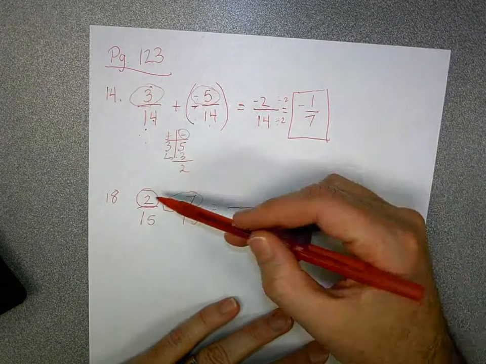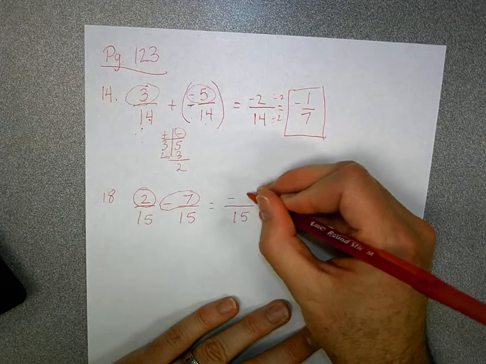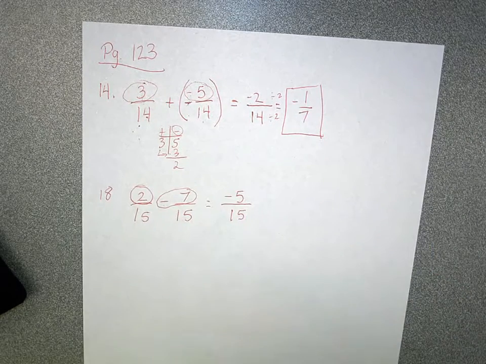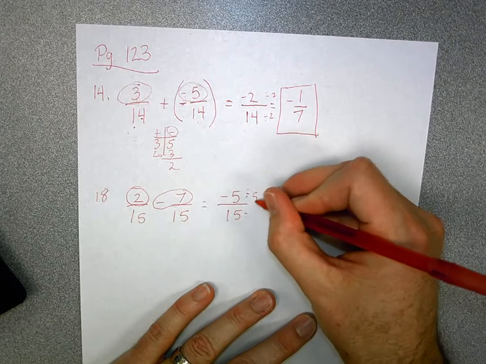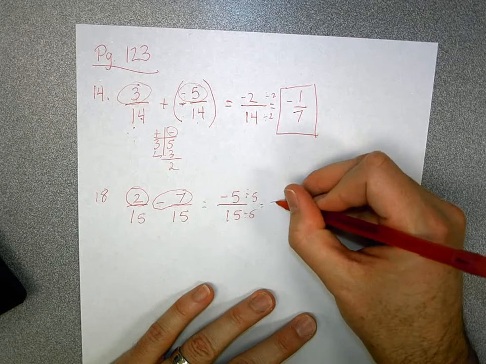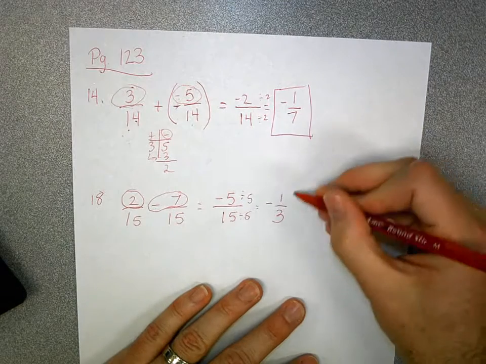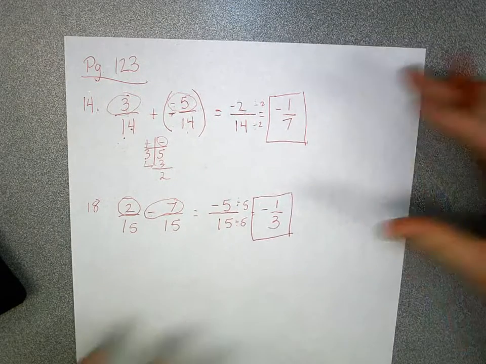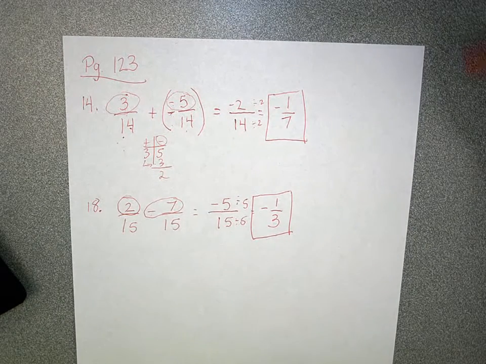And again, you could build a t-chart if you want, but 2 minus 7 ends up giving us a negative 5 on our numerator. So we have negative 5/15, and of course we can reduce both top and bottom by 5, and we get a negative 1/3. And there's our answer for 18. So check it, make corrections if you did something wrong there.